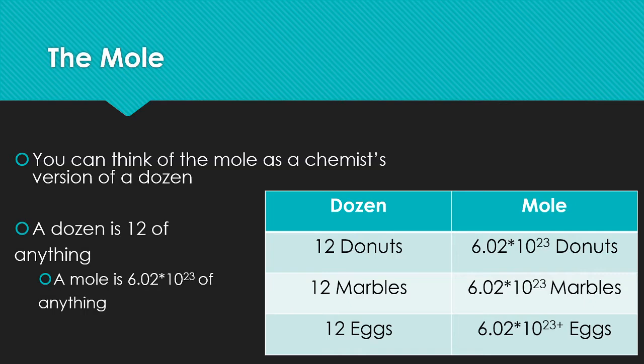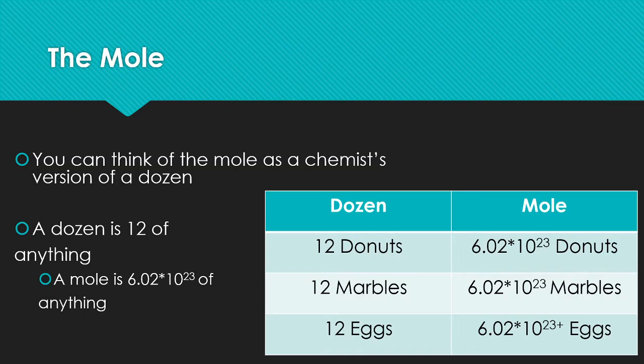And the mole is based off what is called Avogadro's number. And so Avogadro's number is 6.02 times 10 to the power of 23. So if I have a mole of donuts, I have 6.02 times 10 to the 23 donuts. If I have a mole of marbles, I have 6.02 times 10 to the 23 marbles.